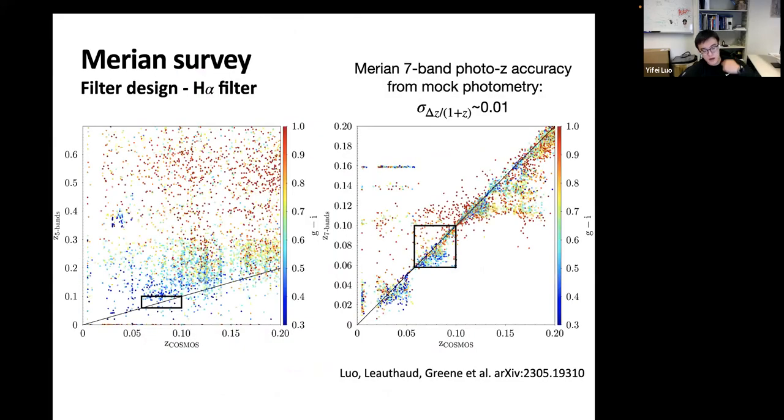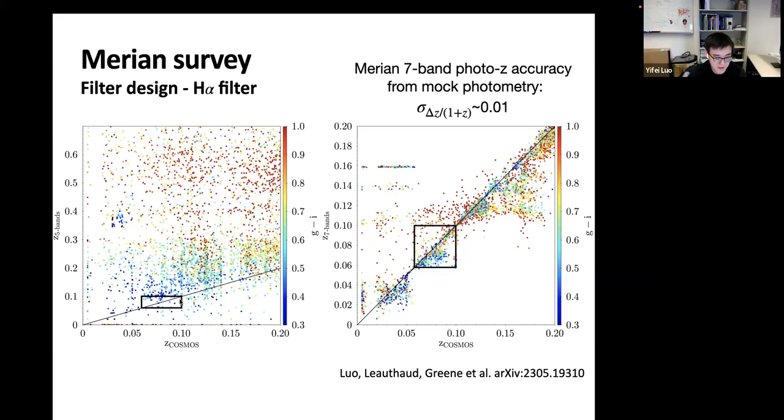Okay, so these are mock photo-zs. On the left, I'm showing you the 5-band broadband photo-zs from HSC on the y-axis versus the true COSMOS 30-band photo-zs. So you can see the 5-band broadband photo-zs are really bad. They are almost uniformly spread in this space.